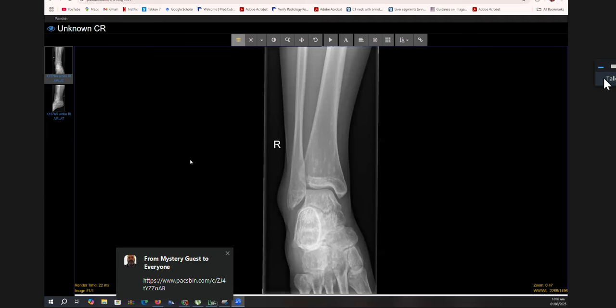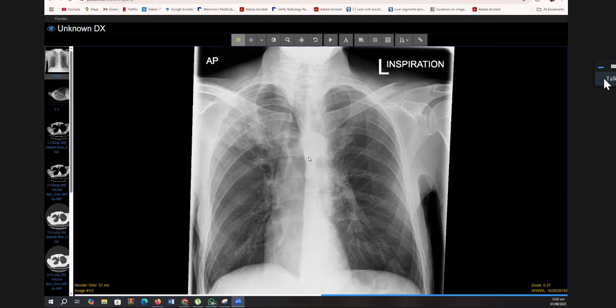Next case. So this is a 75-year-old male who has hemoptysis and a cough. Don't look at the CT, just look at the chest X-ray. In the exam, if the examiner tells you not to look at the CT, what are you going to do?